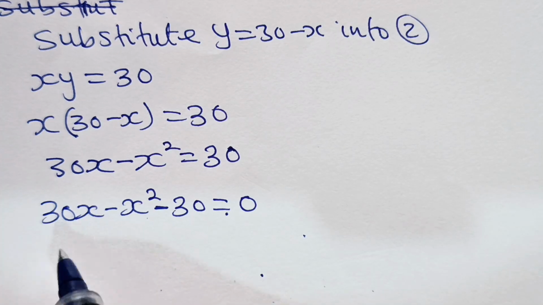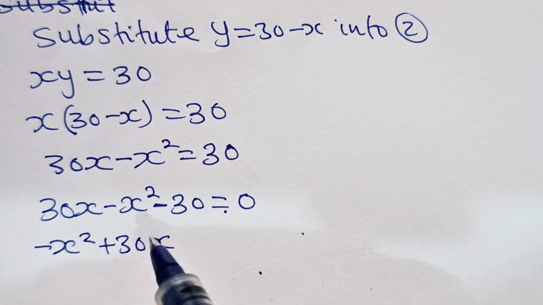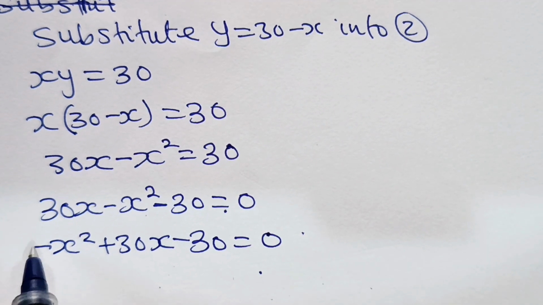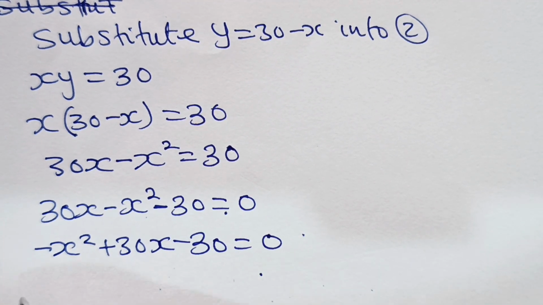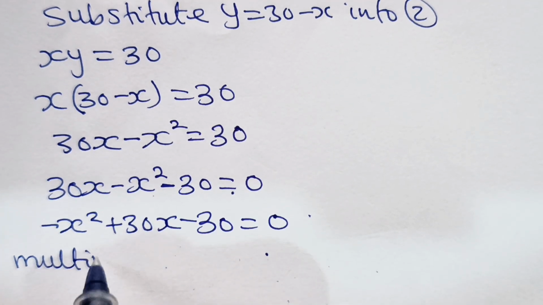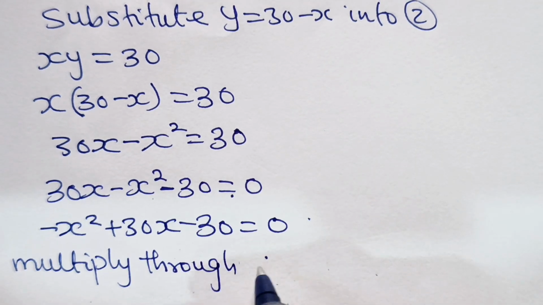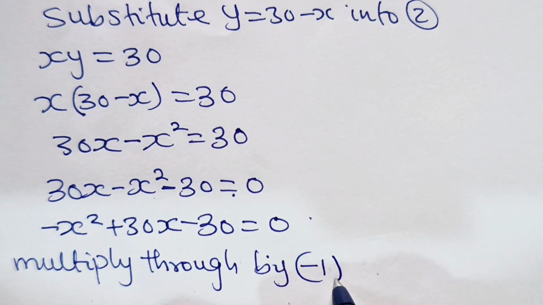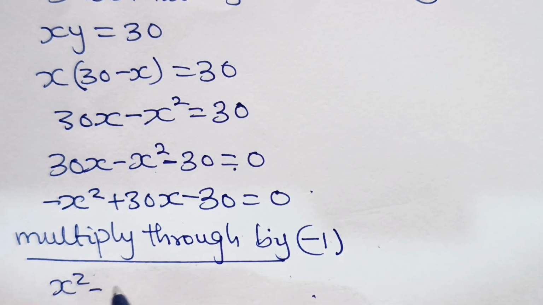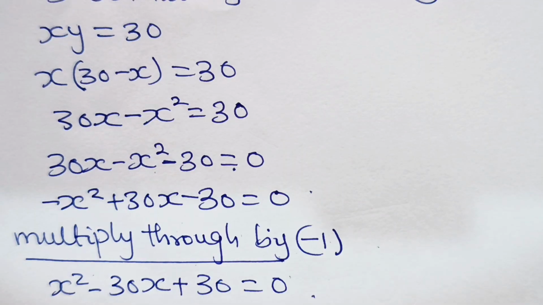We have minus x squared plus 30x minus 30 is equal to 0. Now, to remove this negative sign, let's multiply through by minus 1. If we do that, we have x squared minus 30x plus 30 is equal to 0.